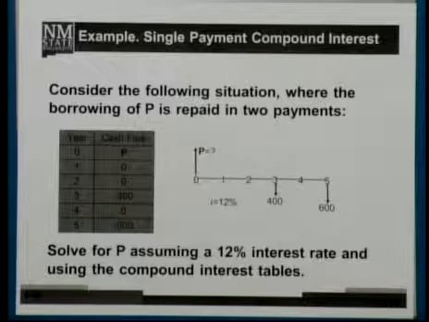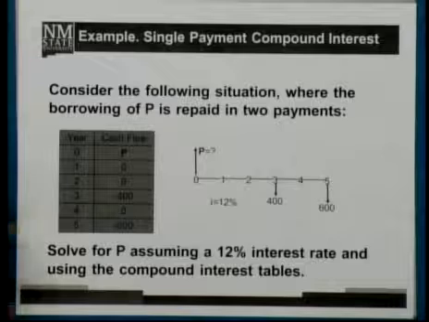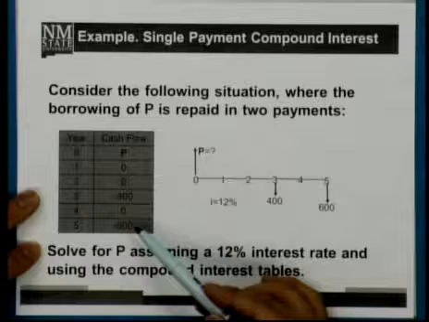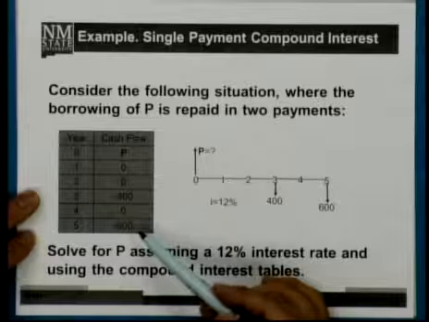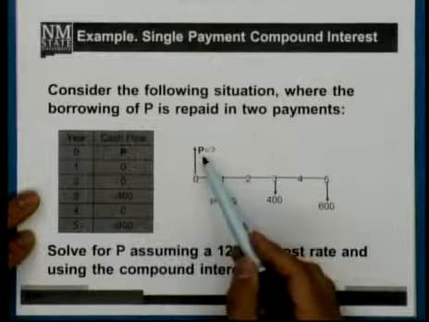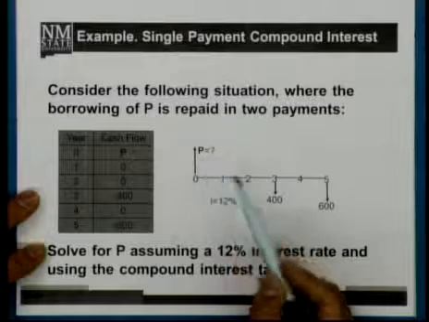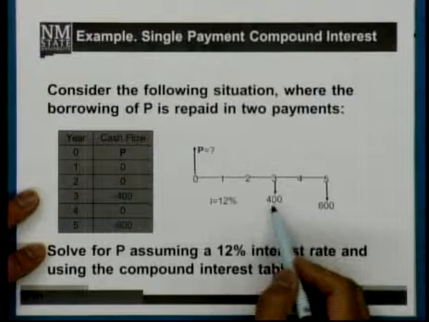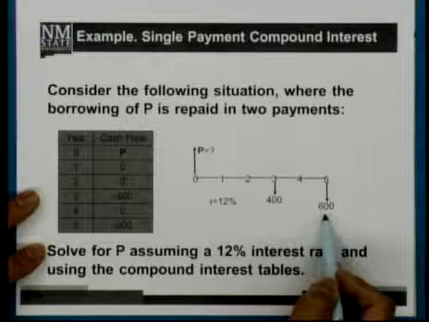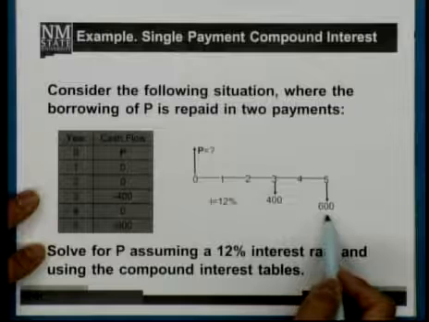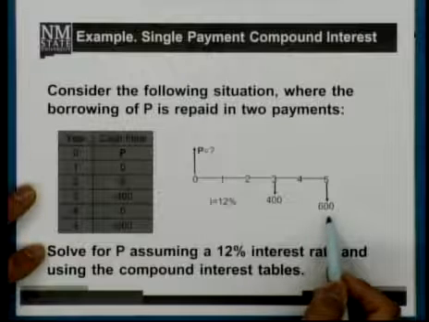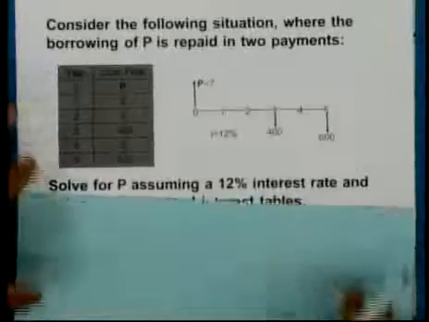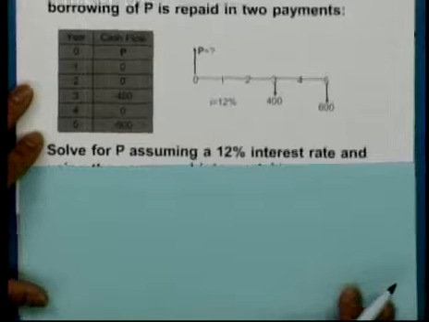So according to this cash flow diagram and the table of cash flow, we know that the present sum P would be the summation of these 2 future values, 400 at the end of year 3 and 600 at the end of year 5. So by using the single payment present worth formula, we may obtain the present sum P value.